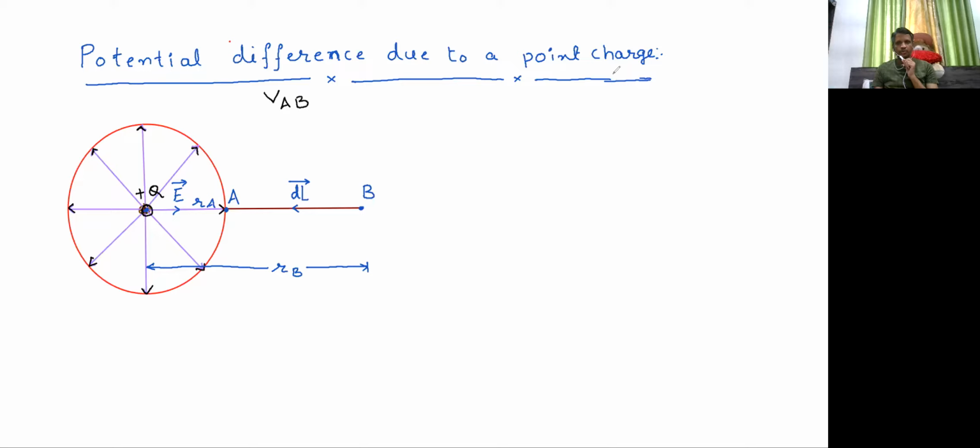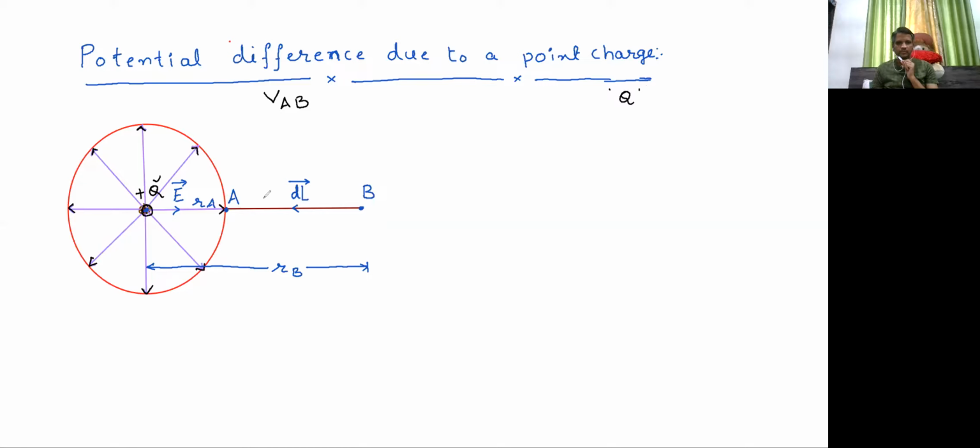Now we need to find out the expression for the potential difference, which we have denoted as VAB, due to a point charge which is responsible for the electric field that I denoted by Q. So this is that point charge which is responsible for this particular field, which I have shown with this circle, which is actually a spherical surface. So now we have to assume a spherical coordinate system because the shape of the electric field is obtained as a sphere.